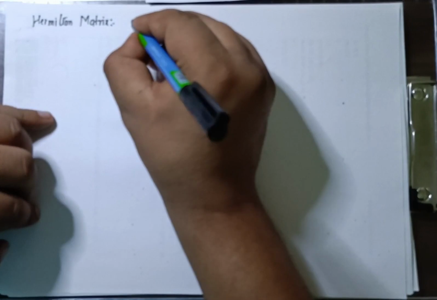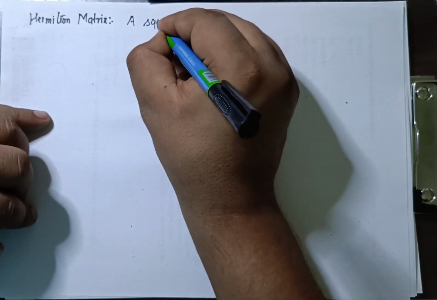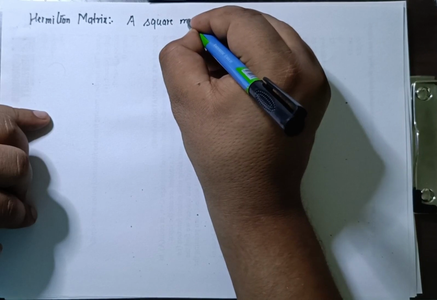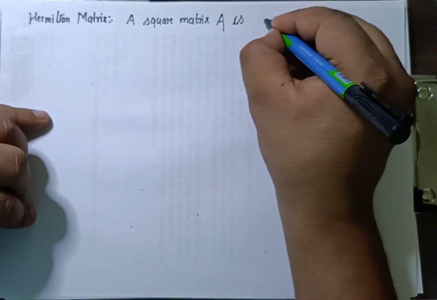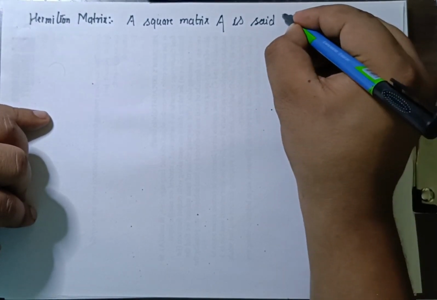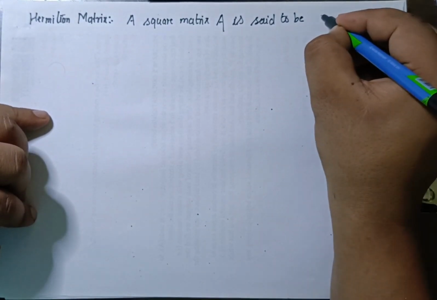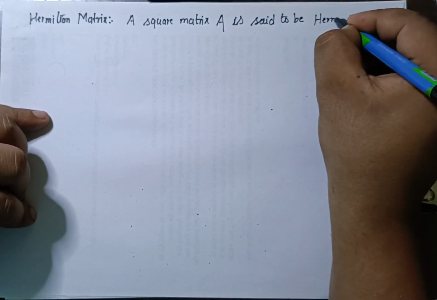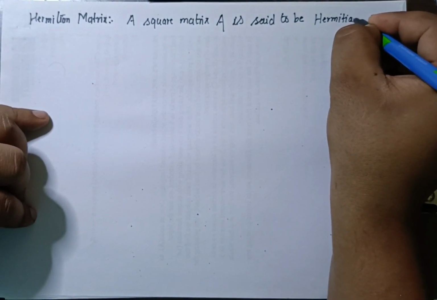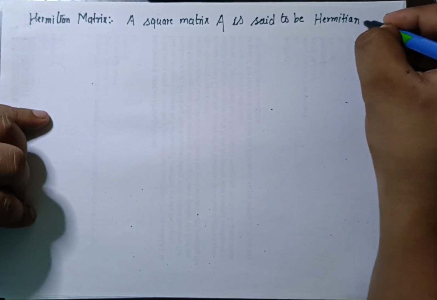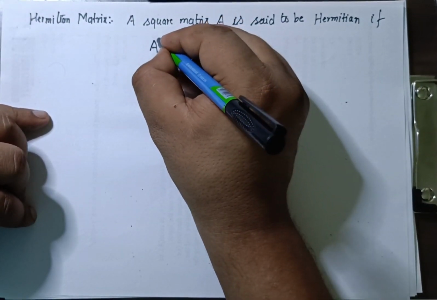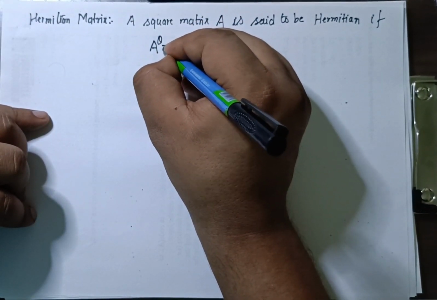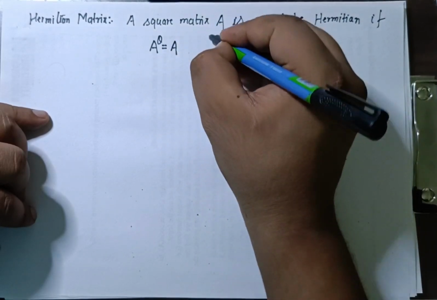A square matrix capital A is said to be Hermitian if its conjugate transpose, or transpose conjugate, that is A to the power theta, is equal to the matrix itself.